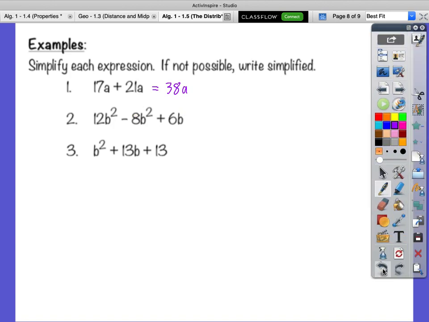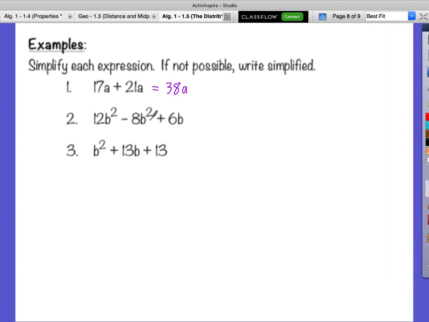So we take 12 minus 8. What is 12 minus 8? 4. And then what's the variable behind it? b squared. 4b squared, okay? Whenever we combine like terms, we leave that b squared there.